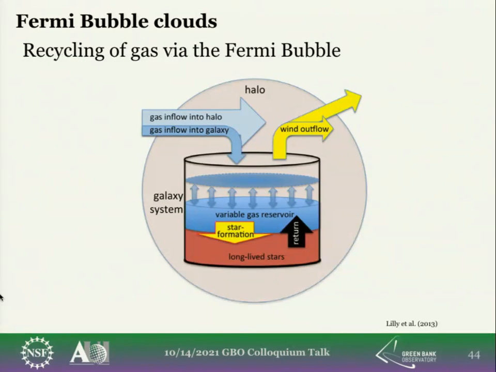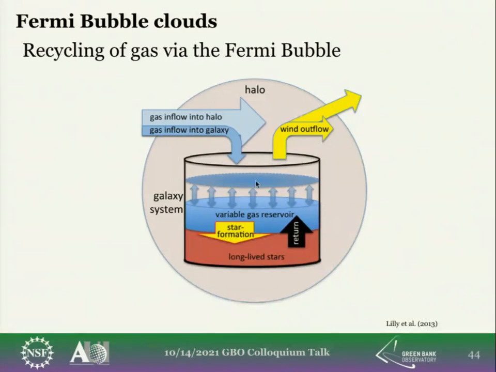Essentially you have gas that is flowing into the galaxy, either through the galactic halo that's being rained back down. That fills up your gas reservoir, so your reservoir that you're able to form stars. And then you have the cycle of star formation, long-lived stars that again eject material back into your gas reservoir. And so you can have this cycle.